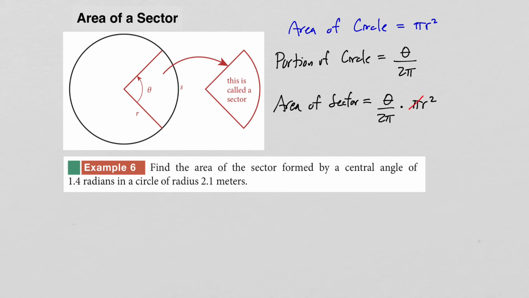When you do this, the pi's cancel out, and if you rewrite this formula, you end up getting A equals 1/2, and then theta times r squared, but we usually like to say r squared times theta. So that is the area of a sector. 1/2 times the radius squared times the measure of the angle theta. And once again, theta must be in radians. Very important.